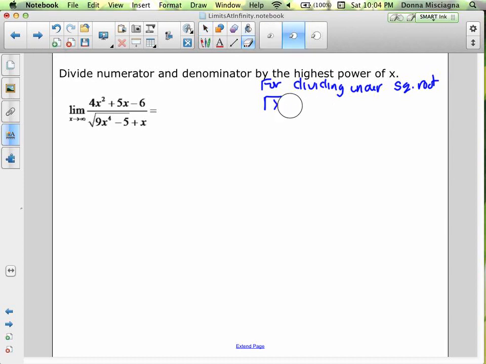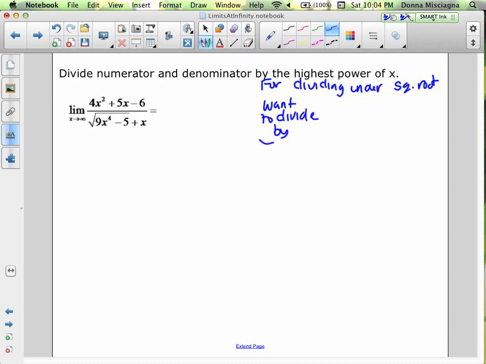I'm going to write it the other direction, actually. You should probably put this in your notes. We want to divide by x for the radical, and this is a square root, so I'll just draw the square root sign there.